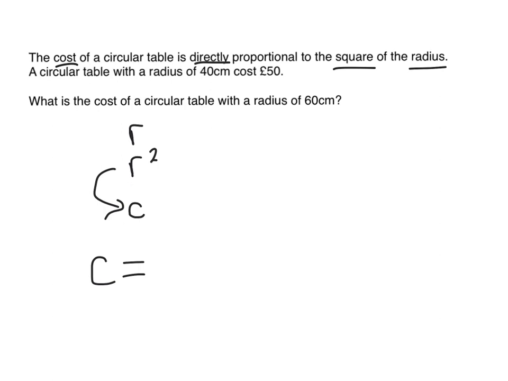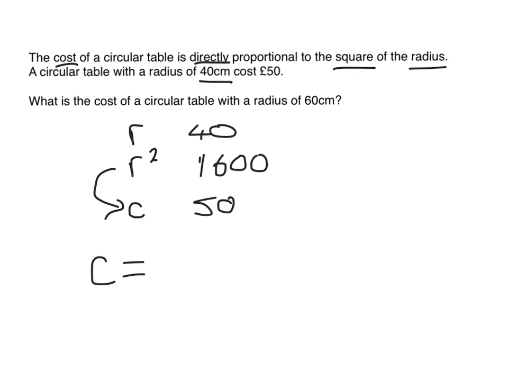A circular table with a radius of 40 costs £50. So 40 squared is 1,600, and I need to figure out how do I get from 1,600 to 50.